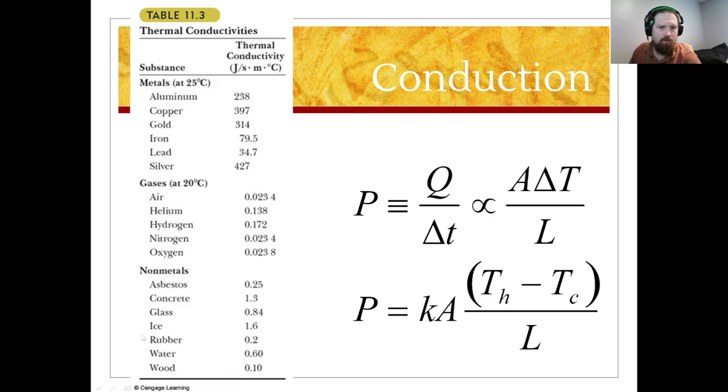Whereas, if we look at these bottom two parts of the table, the gases and the nonmetals have very, very low rates of thermal conductivity. The gases especially are the lowest presently on this table. I think we have a tie between air and nitrogen, which makes sense since air is mostly nitrogen.